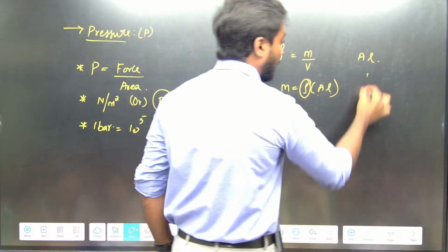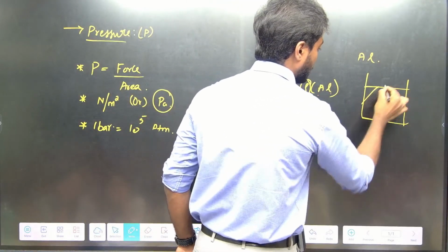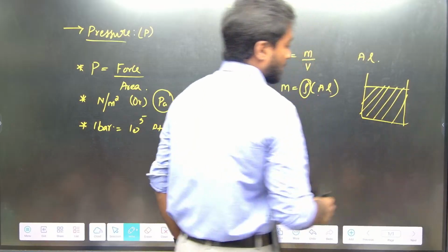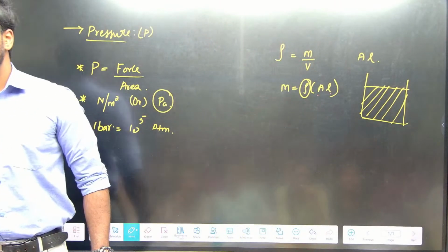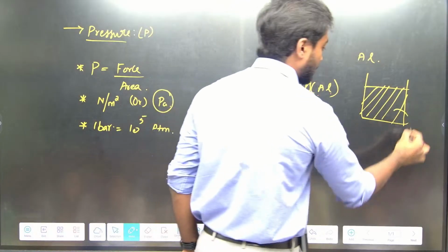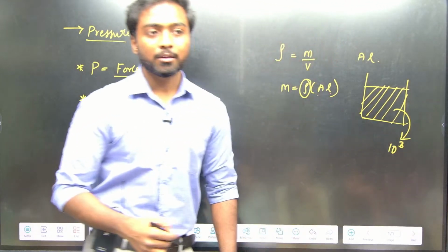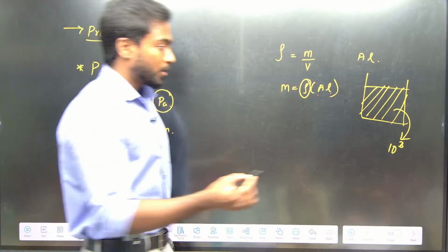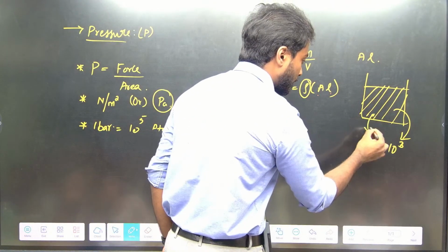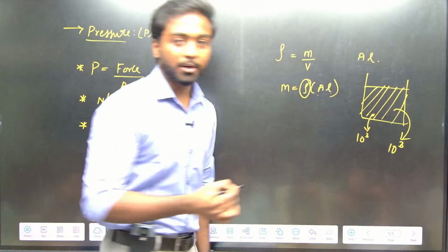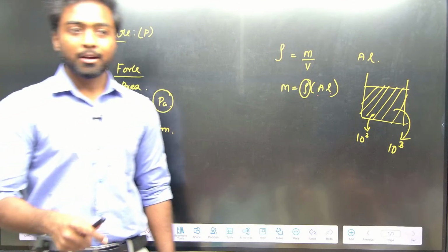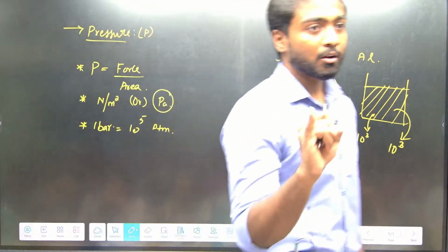If I talk about water, however much water I take, the density of water remains constant, that is 10 power 3 kg per meter cube. If I take a small drop of water also, it is 10 power 3 kg per meter cube. Okay. Density always remains constant.